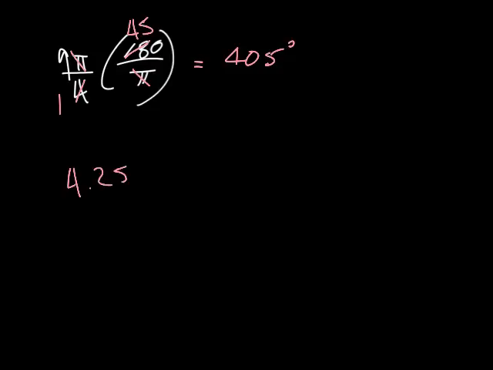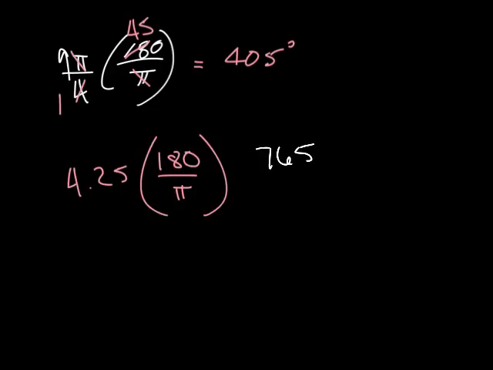So if I have 4.25 radians, and I need to change that to degrees, I'm going to take 180 over pi. And this time, what I'm going to have to do is I can't cancel my pi's. So I just get my handy-dandy calculator and take 4.25 times 180 and get 765 divided by pi.